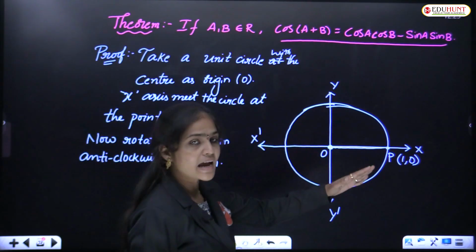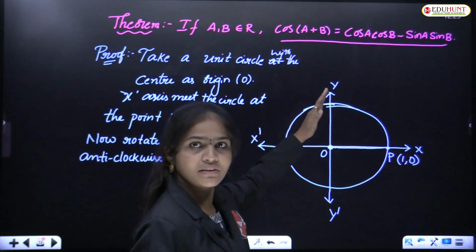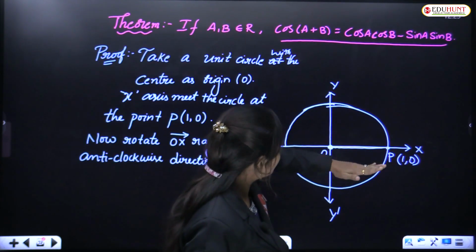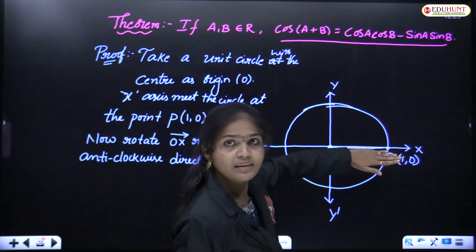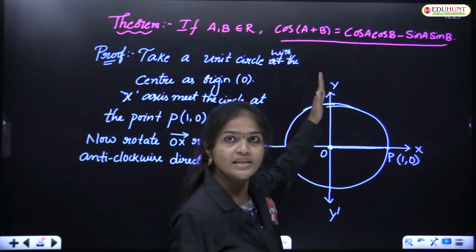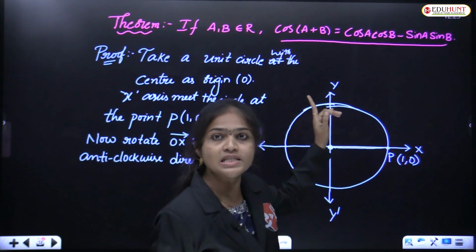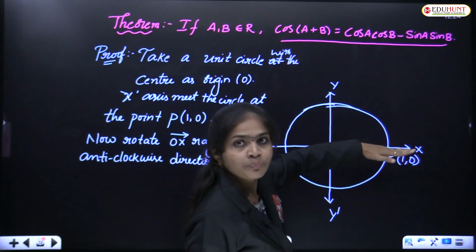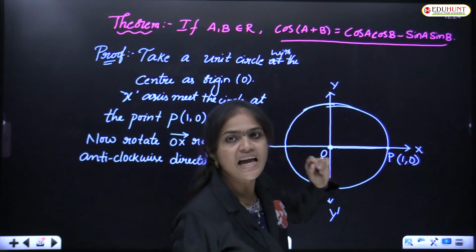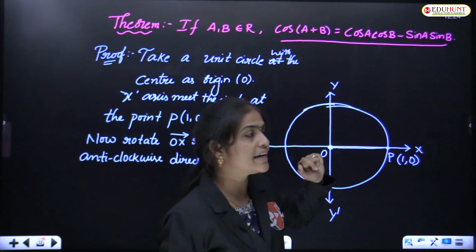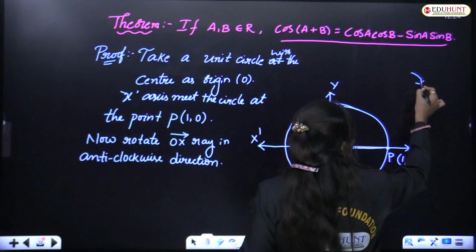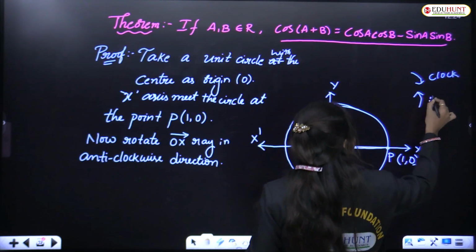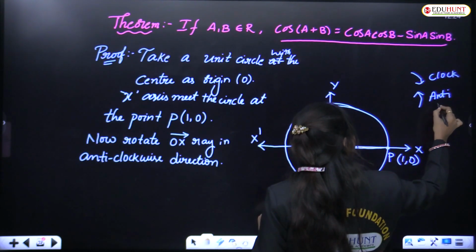Here we discussed in trigonometry how to find angles, right? If the terminal ray rotates in anti-clockwise direction, then we will get positive angles. If the terminal ray rotates in clockwise direction, we get negative angles. So this is clockwise direction and this is anti-clockwise direction.